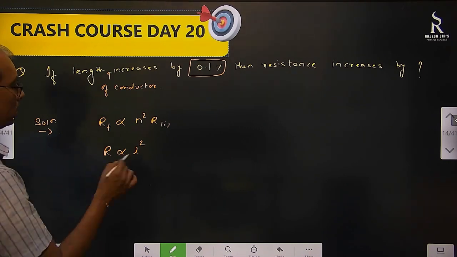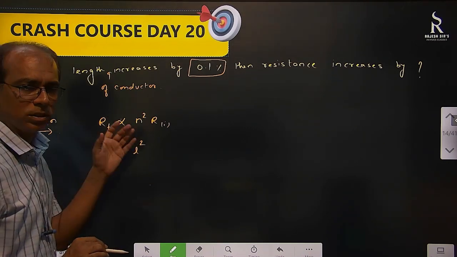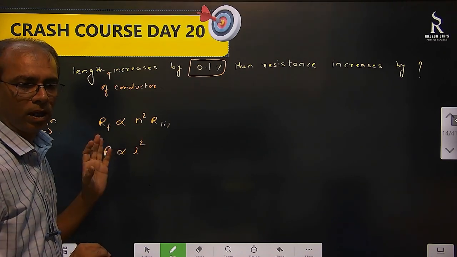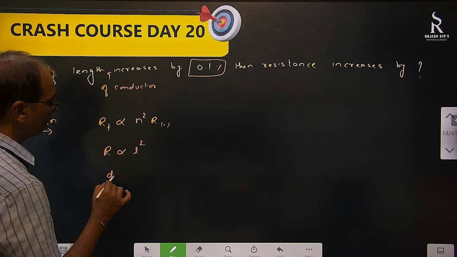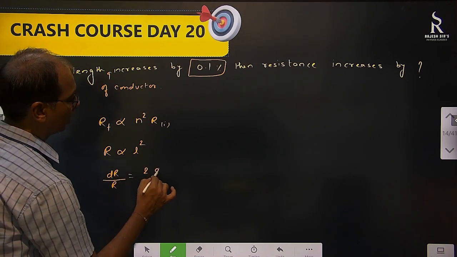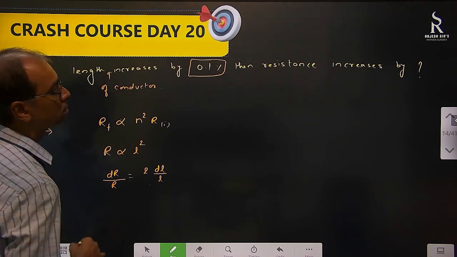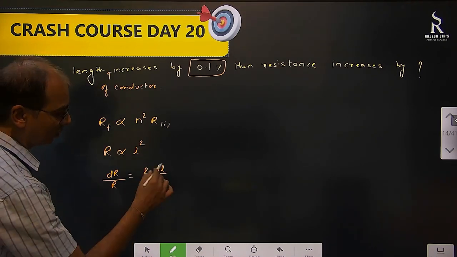Because I have used proportionality, all those other things are constants. So now, in errors we have learned, dR by R will be equal to 2 dL by L. So this is percentage change and this is also percentage change.